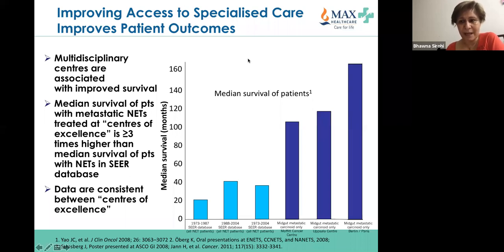I'm from the NHS, National Health Service, which has Universal Health Coverage, UK background, where you have ENET's European Neuroendocrine Tumor designated centers of excellence. And the reason they have been made is because we know that the survival and the outcomes of patients is better if they are discussed in these centers.